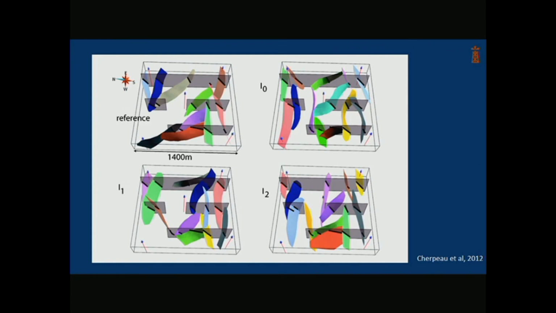One way of dealing with this uncertainty is by stochastic simulation, and this is Nicolas Sherpo's PhD work, where he took a whole series of seismic picks of where faults were in a series of parallel lines, and then said, well, I actually don't know which fault joins up with which fault because I don't have any information in between.